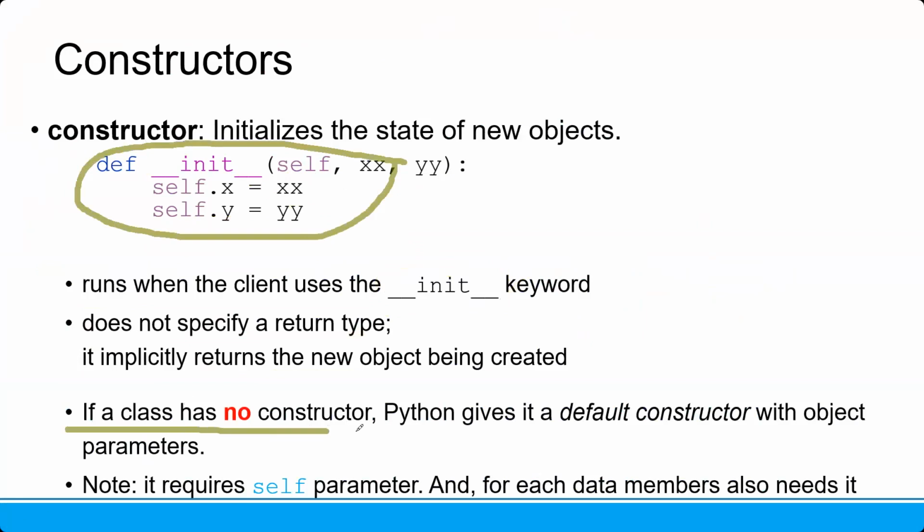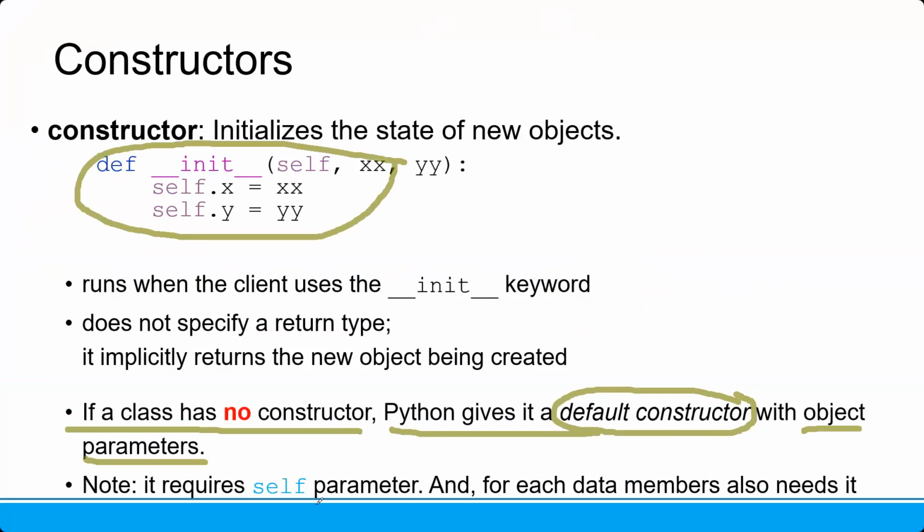If a class has no constructor, then Python gives it a default constructor. So default constructor means we have a basic constructor. A basic constructor is something with object parameters.